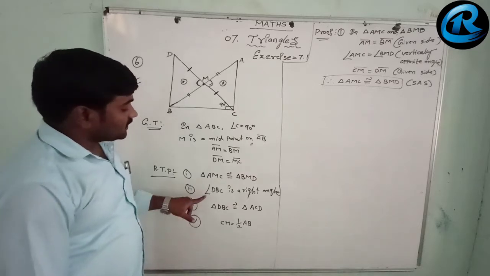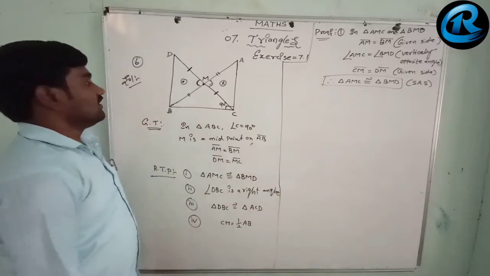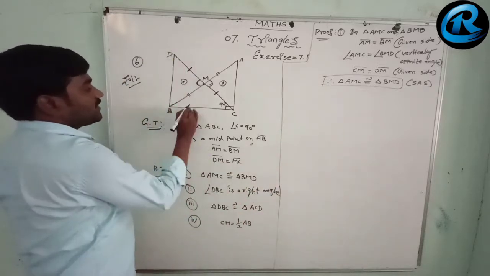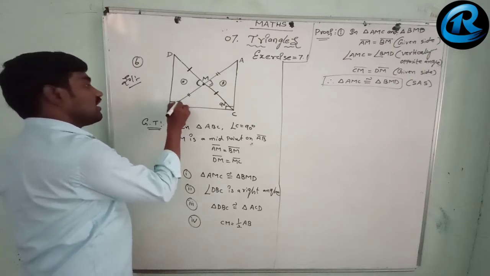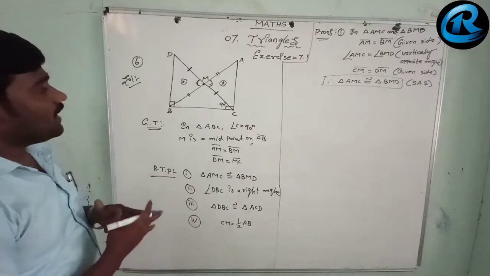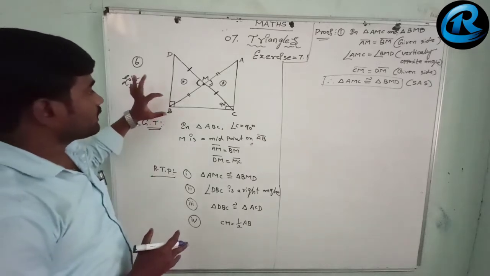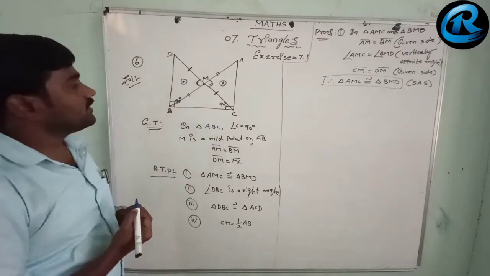Now what we have to prove? Angle DBC is a right angle. We have to prove it is a right angle. How can we prove it? We have to show this angle B as 90 degrees.